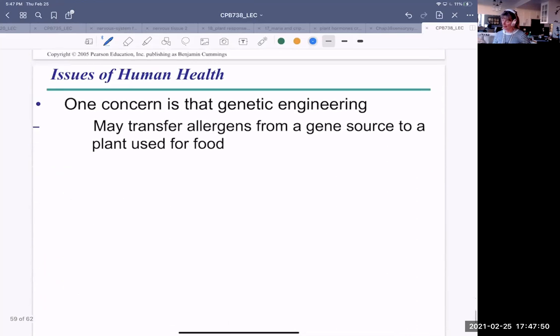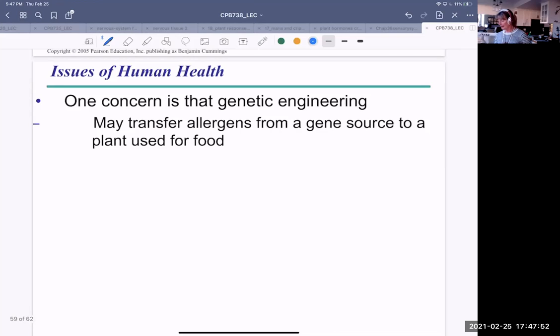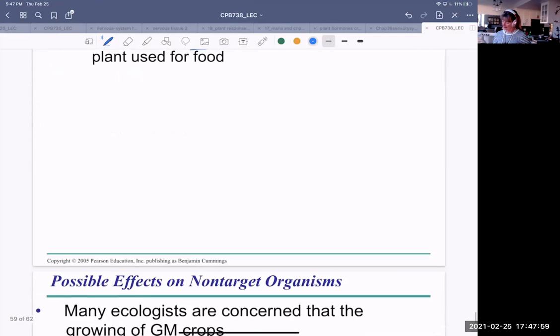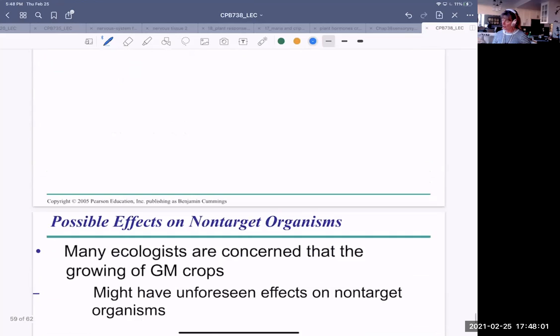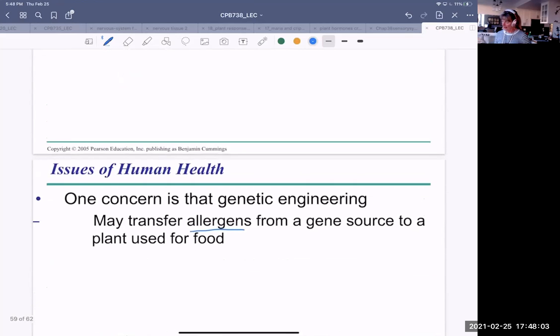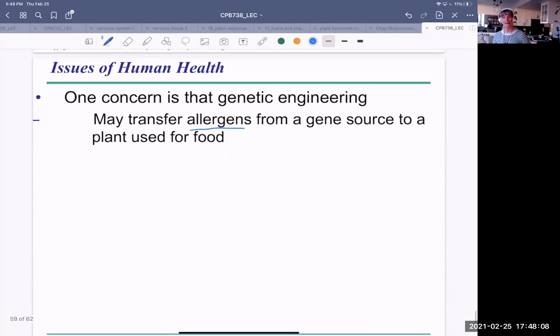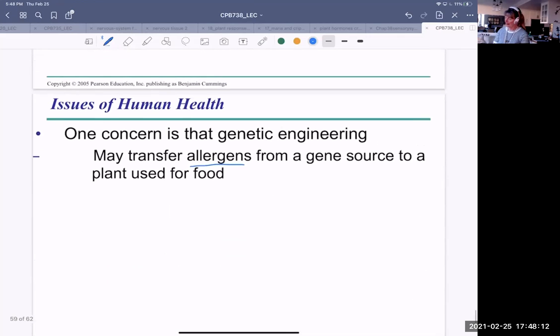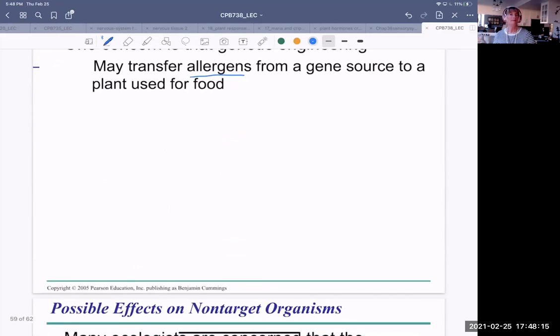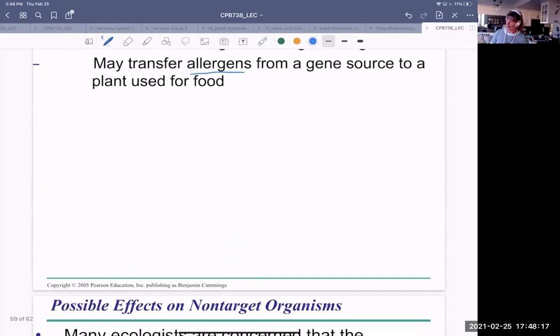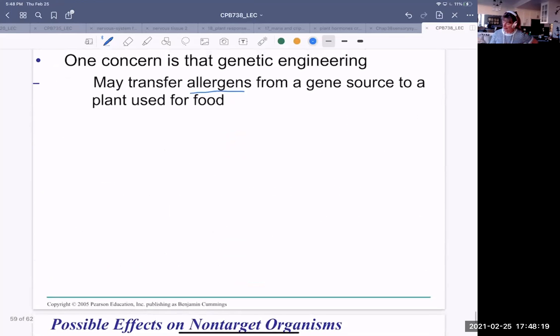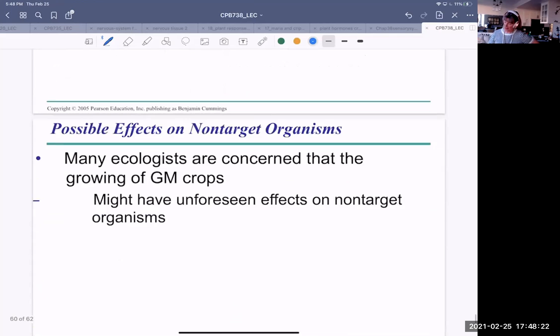Some are concerned that engineering genes may transfer allergens from a gene source to a plant used for food. But the allergens and other risks have not been seen in scientific studies. So far, there haven't been any risks materialized in the studies of GMOs.